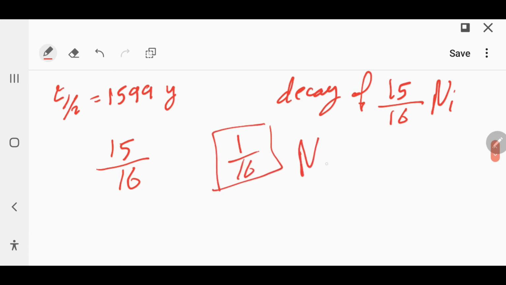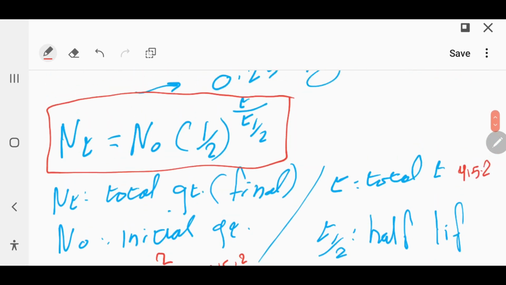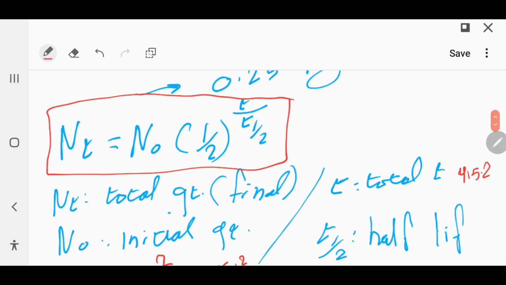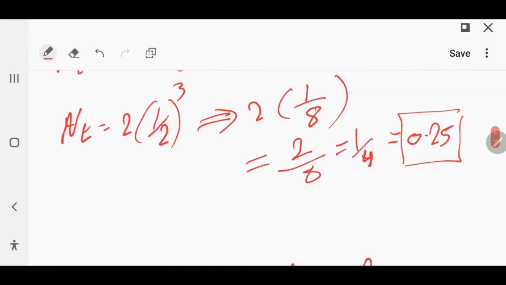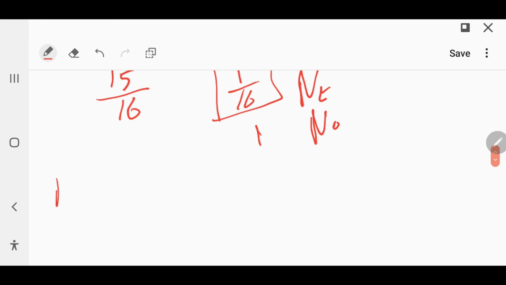And the initial amount is 1. As you can see here, we need the total and the initial. So simply, total equals initial times half to the power of time over half-life.